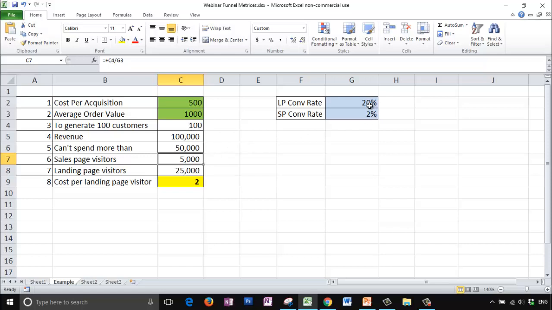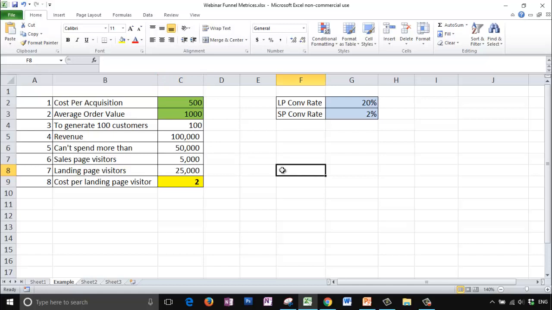Now 20% of some number is going to give us 5,000. So therefore what we do is 5,000 divided by 20% will give us 25,000. So we need 25,000 people to come to the landing page to get 5,000 people to hit the sales page.